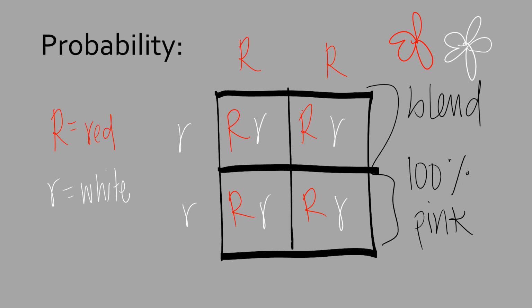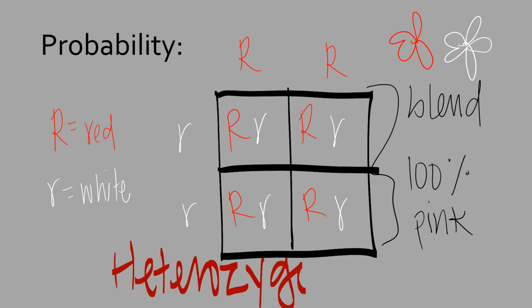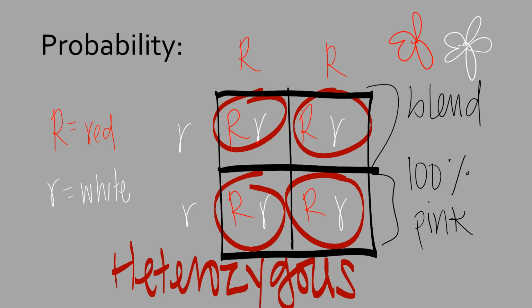So when we talk about incomplete dominance, again, we are looking at heterozygous individuals, offspring that have two different alleles in their genotype. Those are the only ones that we care about because those are the only ones that can show incomplete dominance. If I have offspring that have big R, they're just going to be red.